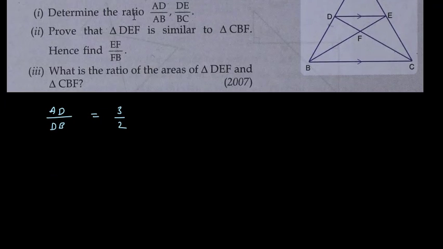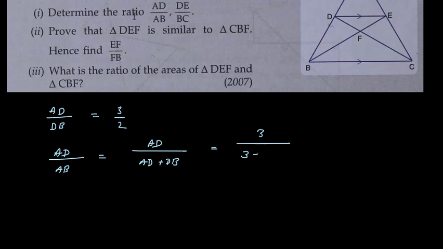AD upon AB is nothing but AD upon AD plus DB. So if I take AD as 3 and DB as 2, this is 3 upon 5. AD upon AB is 3 upon 5. This is the simplest way you can write this ratio.